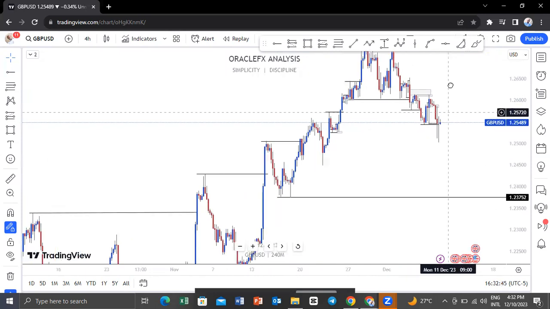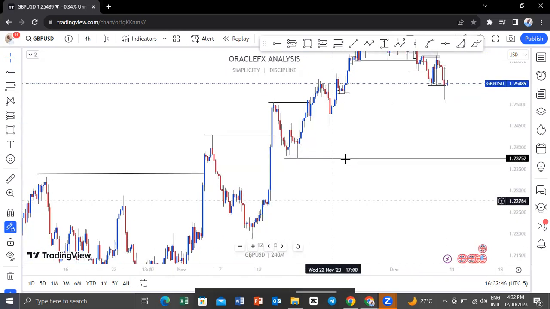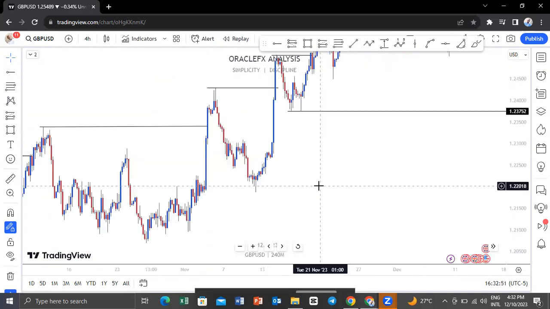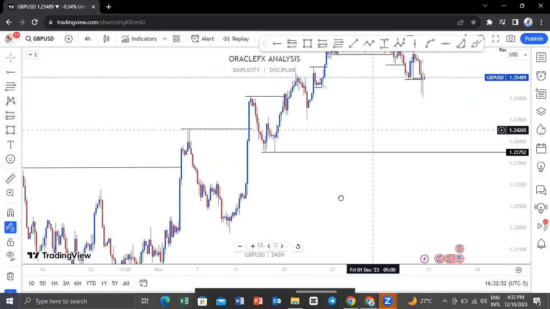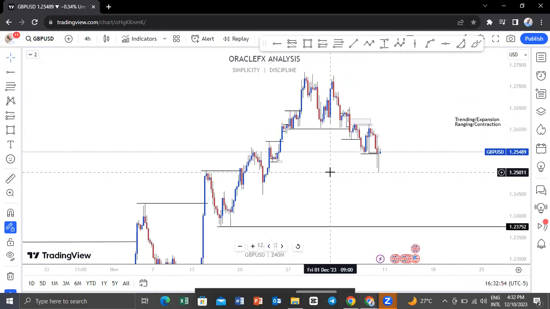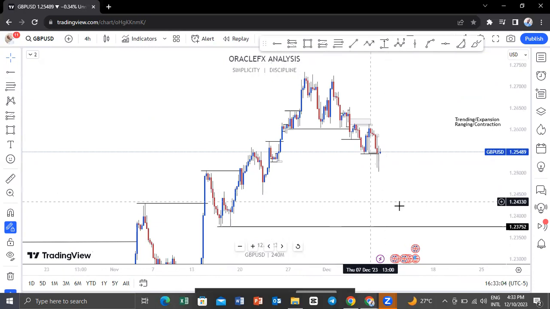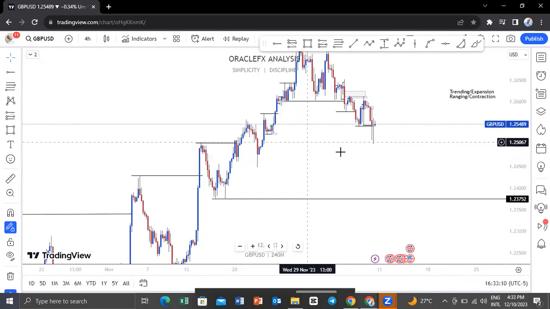It's not really strong compared to the other side. But then I might say that it's because we are close to the end of the year. Maybe that's why price is not really showing strength in price movement. But that's just it. So we are to note all these things.